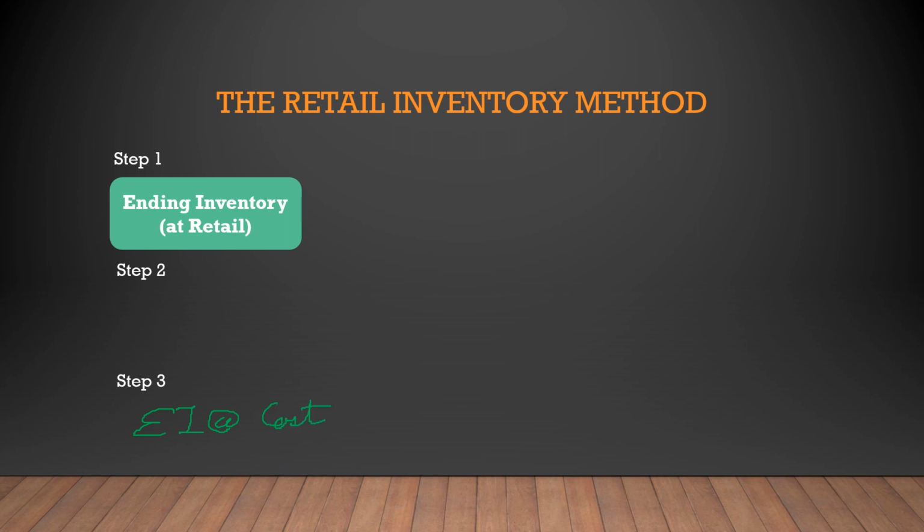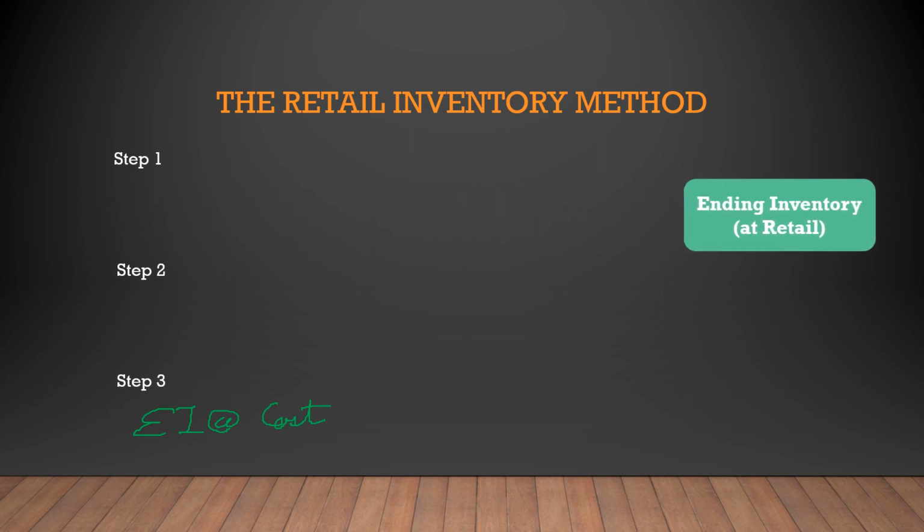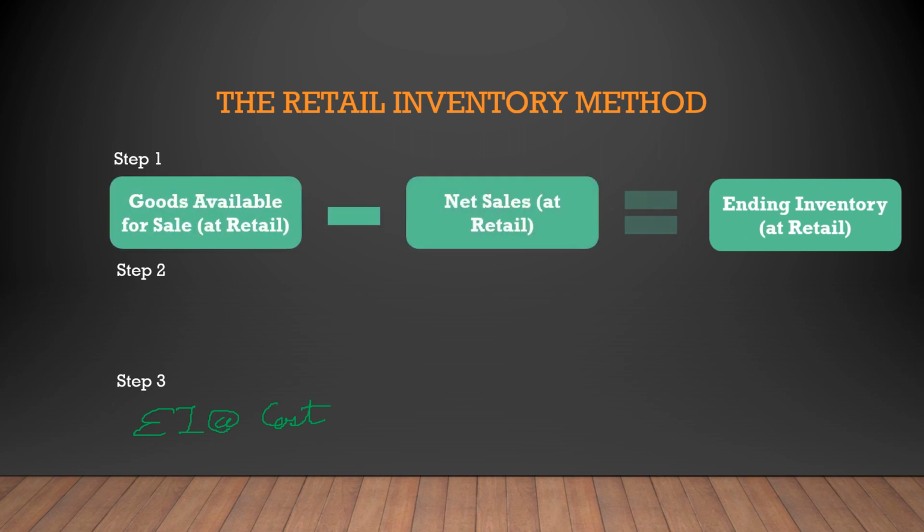If we can convert this figure from retail dollars to cost, we'll have our answer. We can begin this process in step 1 by taking the difference between goods available for sale at retail and our net sales, again at retail.